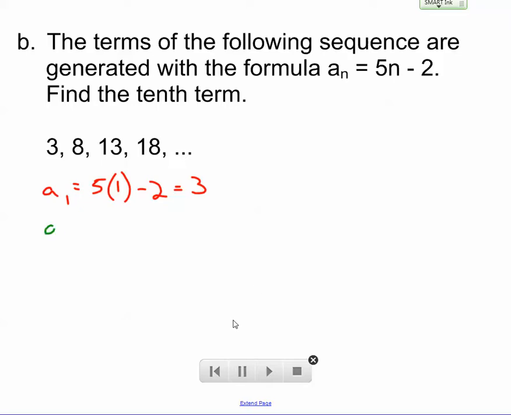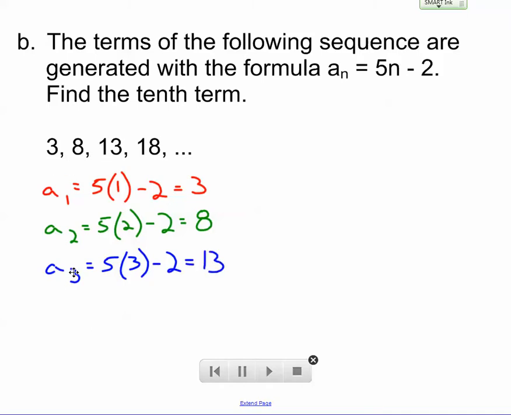And the second term is 5 times 2 minus 2. I mean, they gave us this formula, and it's working for the numbers that are in this sequence. And the third term is 5 times 3 minus 2. That's 15 minus 2 is 13. See, that matches up.